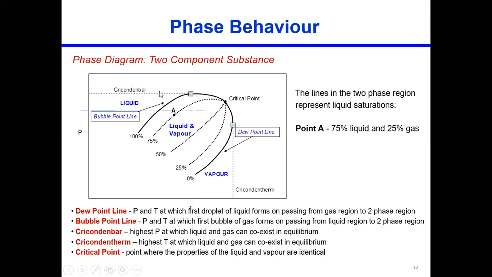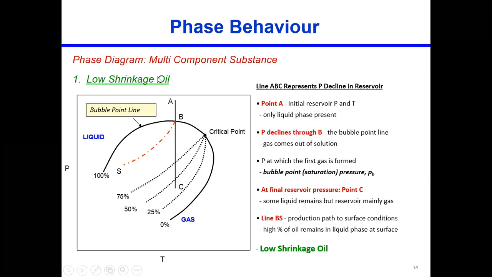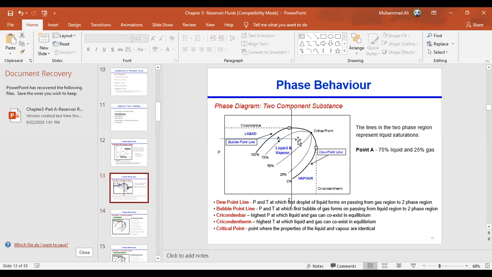Now let's look more in this graph. We have two lines here. This is the liquid line and this is the dew point line, the vapor line. So if the reservoir temperature line is here, it means we are dealing with a gas reservoir. If this line is below the critical point, it means it has some oil. How much oil depends on the pressure.